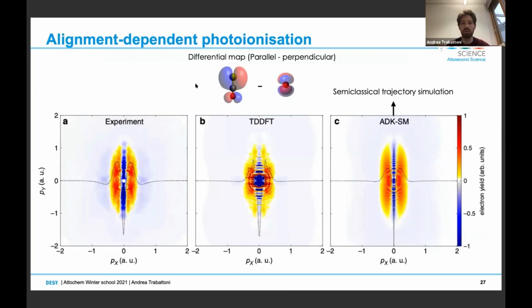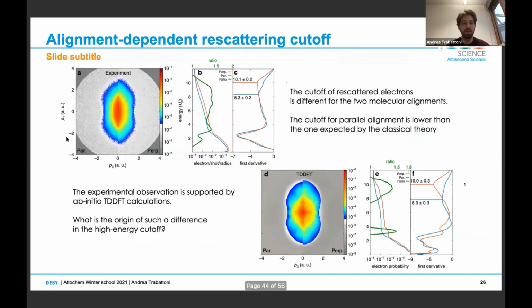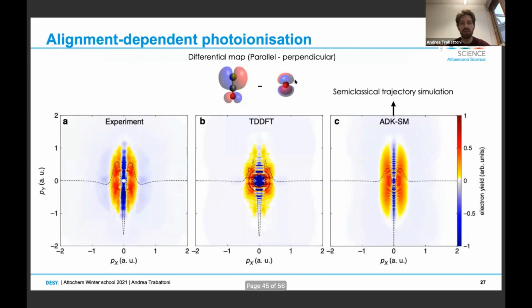We took the distribution for parallel alignment and for perpendicular alignment, and we subtracted one from the other. In this difference, a positive signal means that we have a larger contribution for parallel alignment, while a negative contribution corresponds to a larger contribution for perpendicular alignment. And this is the result from the experiment.